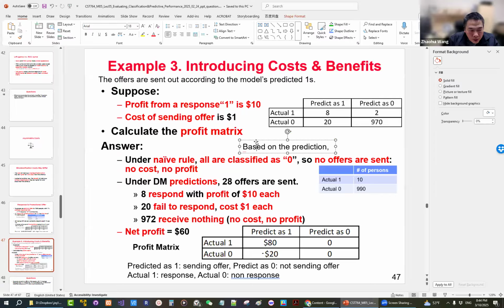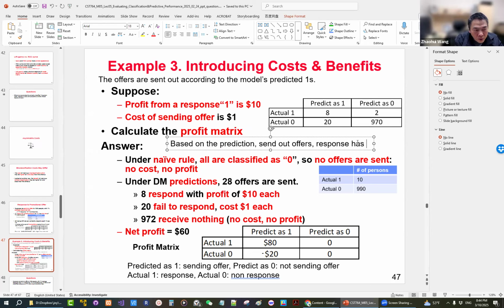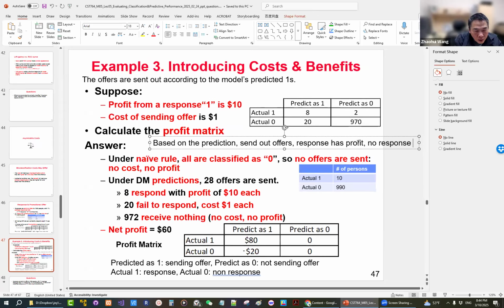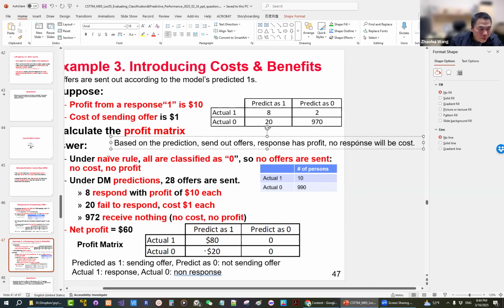So the profit is based on the prediction. We send out the offer. If there is a response, there's profit, and no response will be a cost.